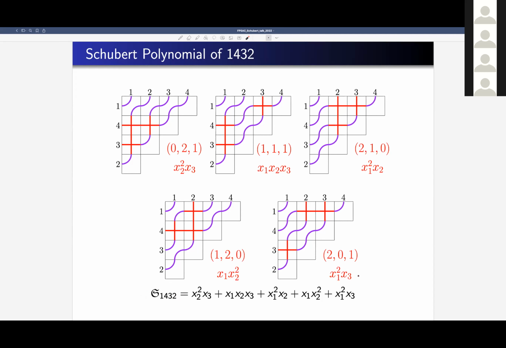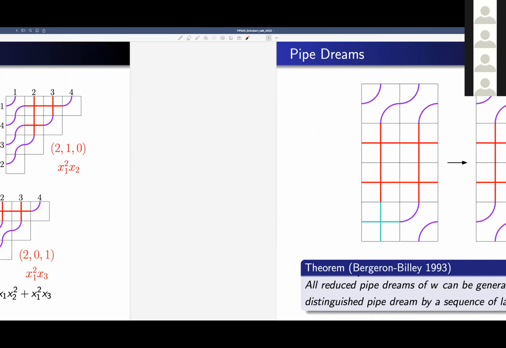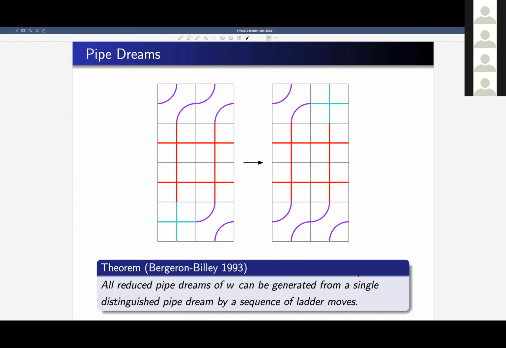Coefficients here happen to be 1. That won't, in general, be the case, but definitely they'll be non-negative integers. And a very nice theorem of Bergeron-Billey actually tells us how to generate all of these pipe dreams. So very useful in many applications.